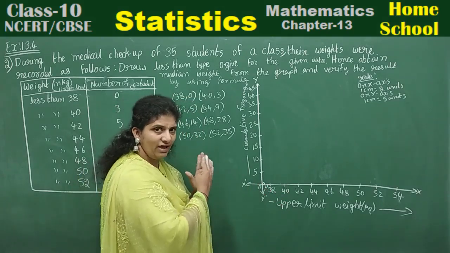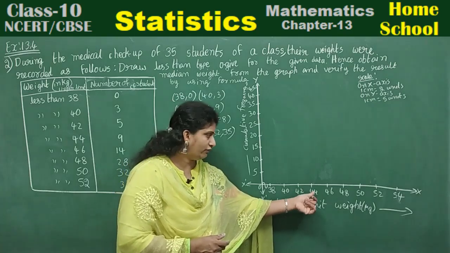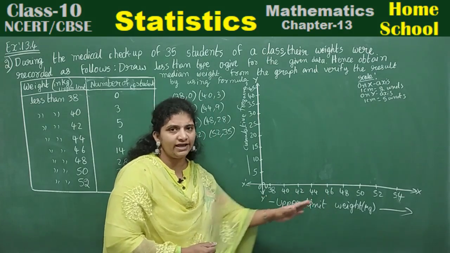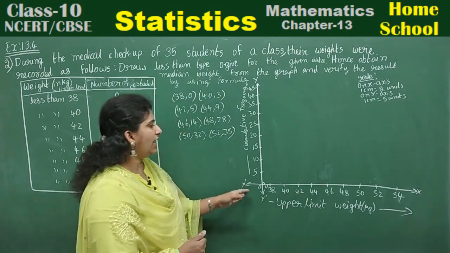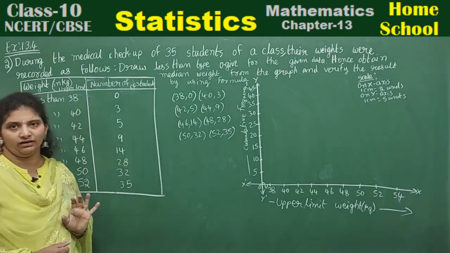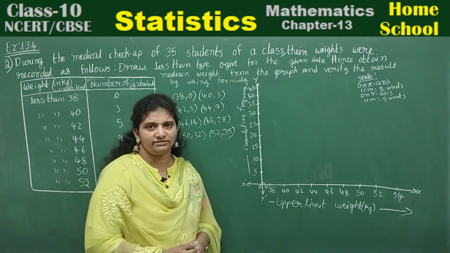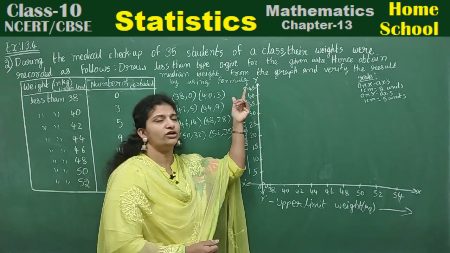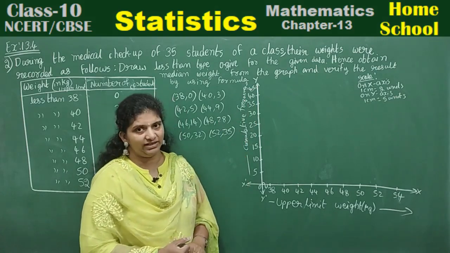So compress the graph and then 38, 40, 42, 44, 46, 48, 50, 52, 54. On x-axis, these are the upper limits. And cumulative frequency, look here, 0 to 35 there. So let us take 1 centimeter is equal to 5 units. 5, 10, 15, 20, 25, 30, 35, 40, 45 on y-axis and write it as cumulative frequency.